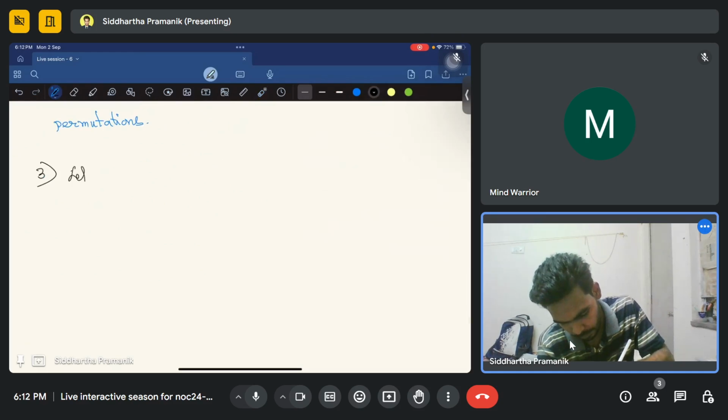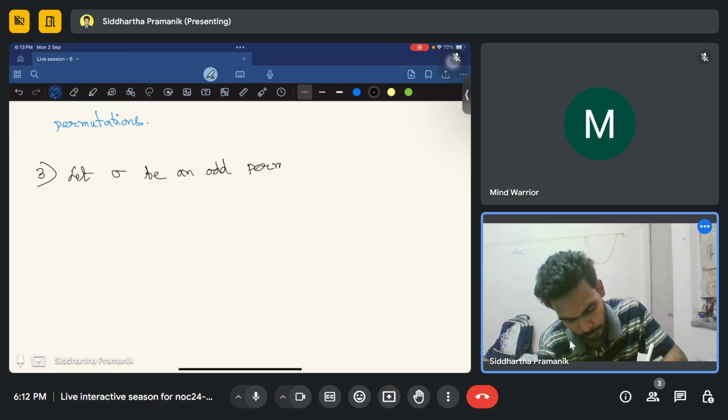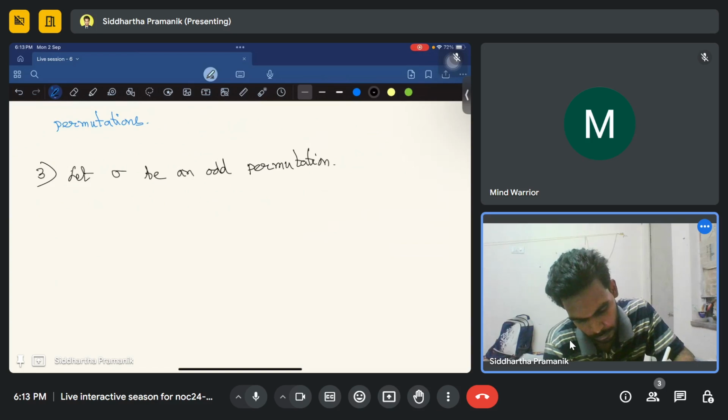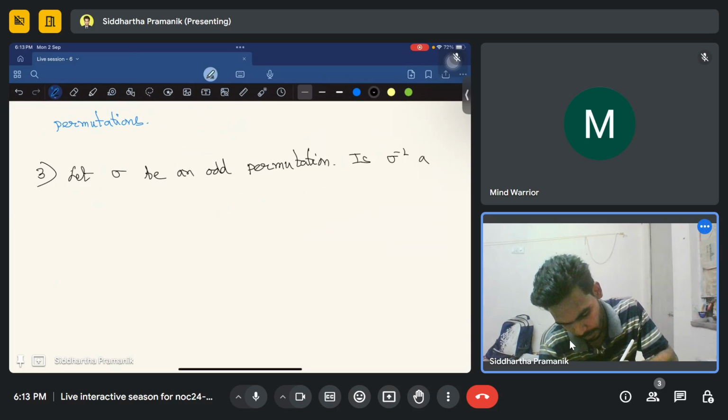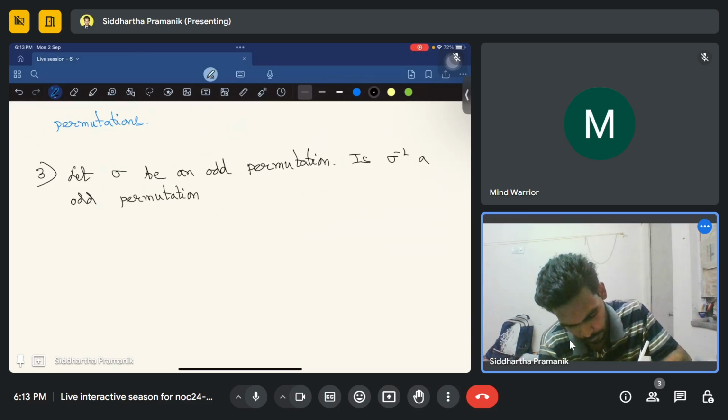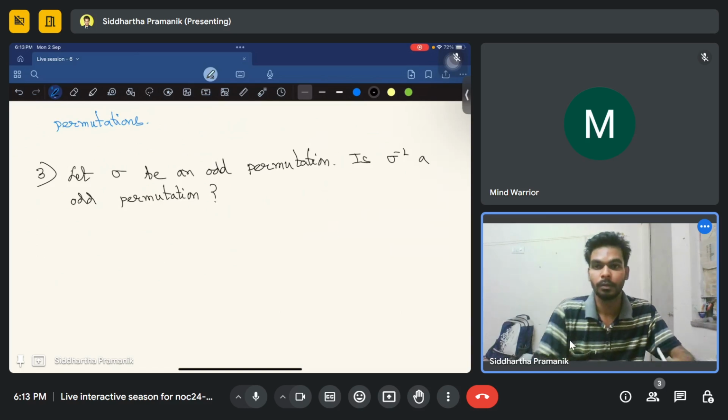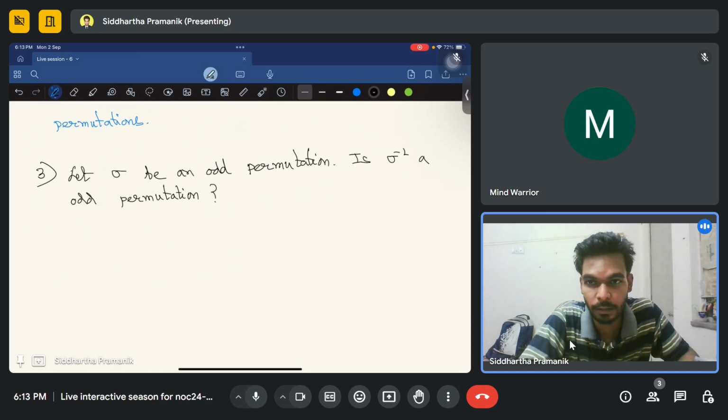Let sigma be an odd permutation. Is sigma inverse an odd permutation? Do you have any guess for this?